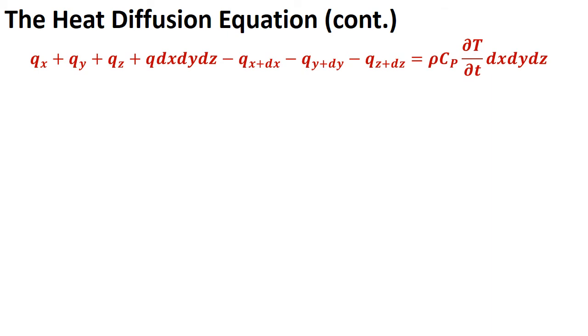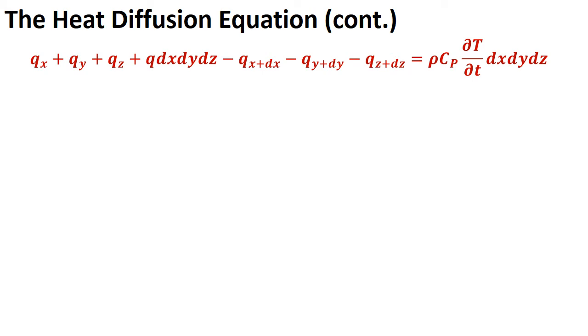The heat input to the system is Qx, Qy, and Qz. These are the heat input in x, y, and z directions. Heat generated within the system is Q dx dy dz, as we have discussed earlier, and the heat that goes out of the system is Qx plus dx, Qy plus dy, and Qz plus dz in x, y, and z directions respectively.